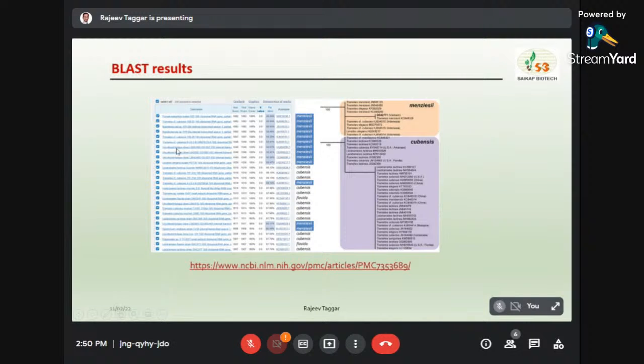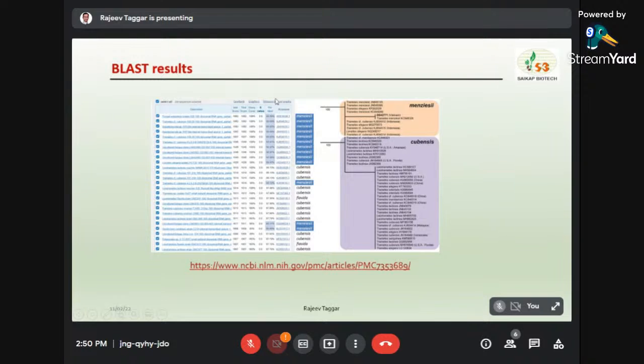In this particular case, the species are something like Mensiziaceae. The top 10 hits are Mensiziaceae, and the next is cubensis.